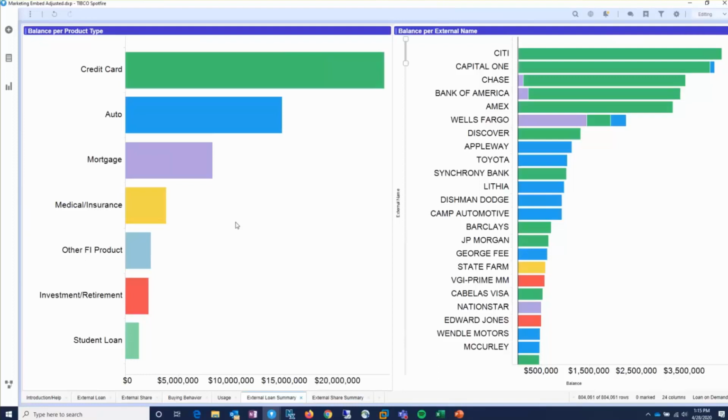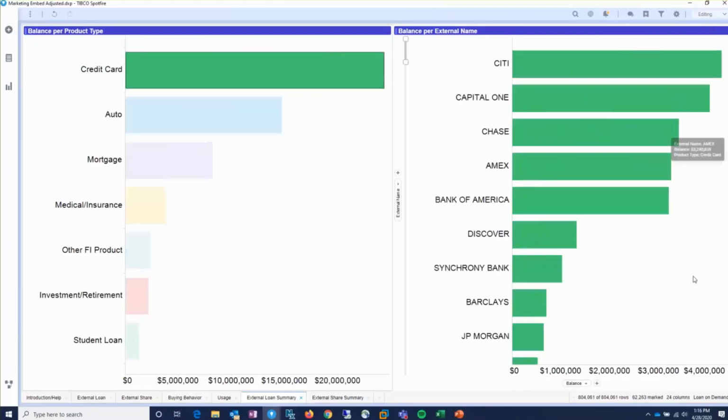Well, by leveraging your transactional records, we can compile essentially a real-time view of who your competitors are, both in terms of product and by specific name. So in this case, this particular credit union loses $24 million a month in external credit card payments. And if I click on that, I can get a real-time view of how it breaks down. They lose $4.2 million to Citi every 30 days.